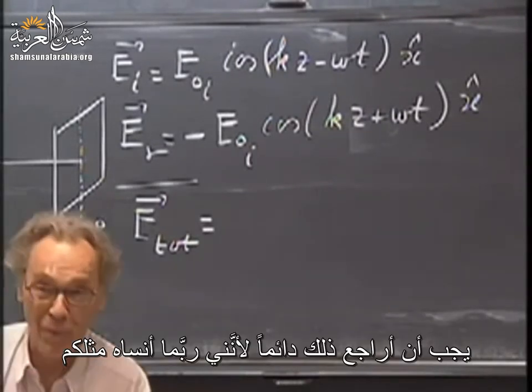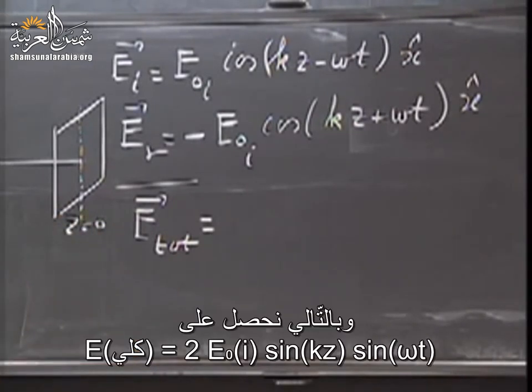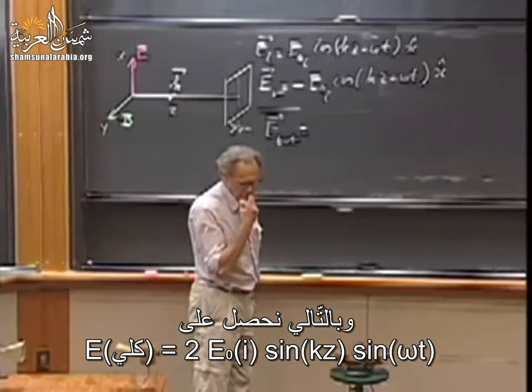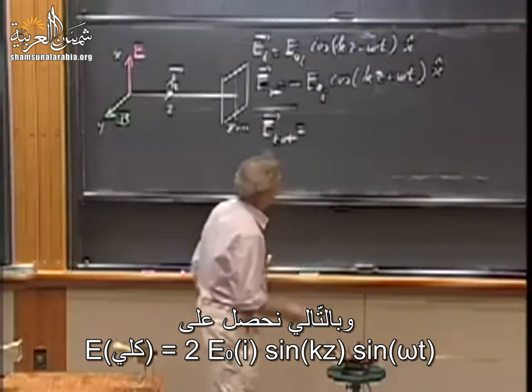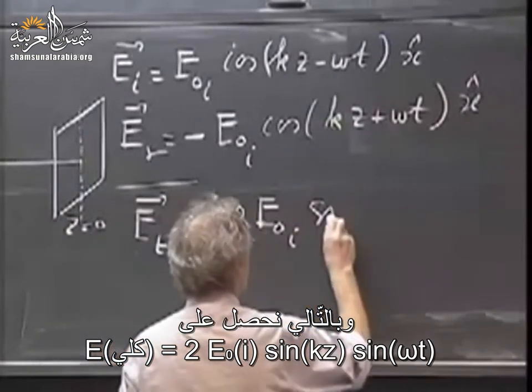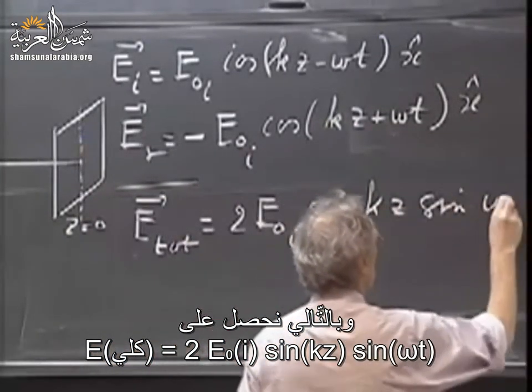Although I always have to look that up because I forget that just as well as you do. And so when I add that up, then I get that the total electric field, which is the sum of the two, is going to be 2E0I, and then I get the sine of kz, and I get the sine of omega t.